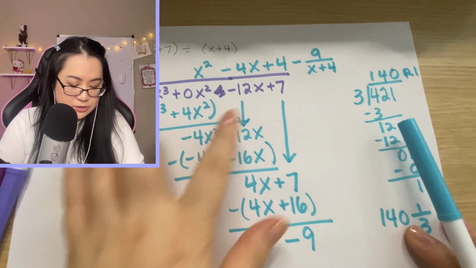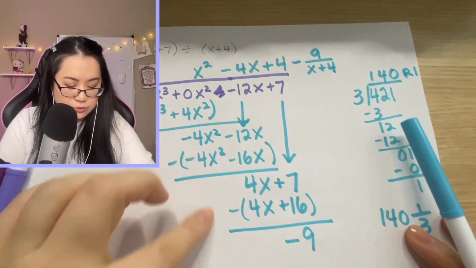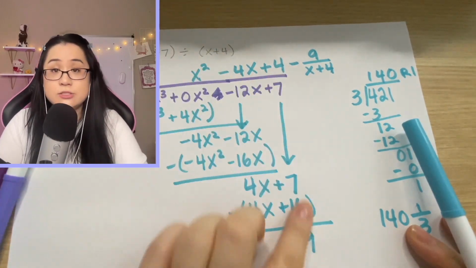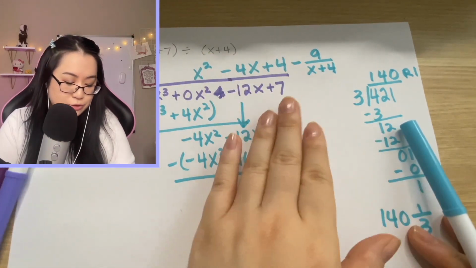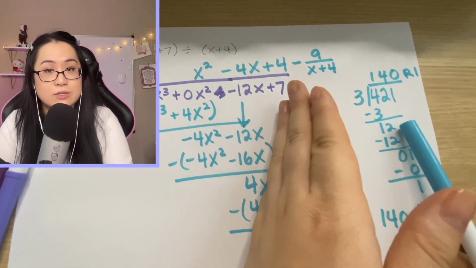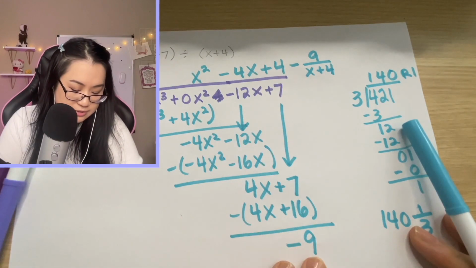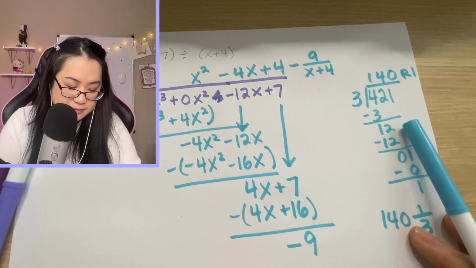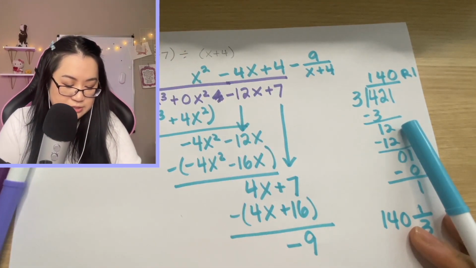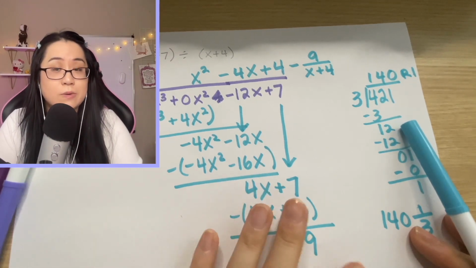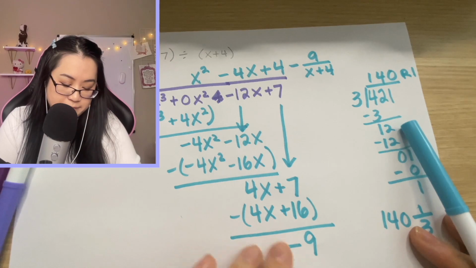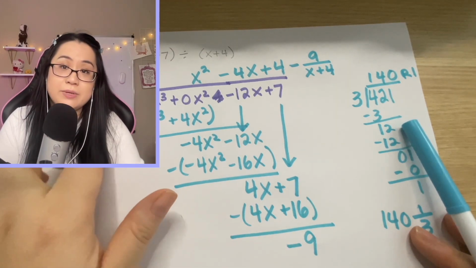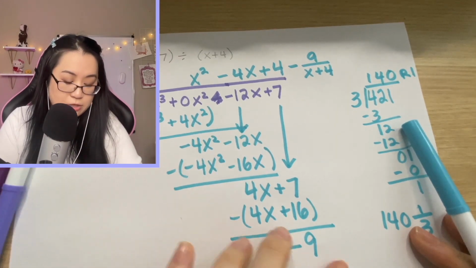As long as you take it all the way down to your constant term, because again, you should be filling in zeros, so you should have at least a placeholder for the constant term. You bring this down, and as long as you take it all the way down, your remainder should always have a lower degree, a lower power than this, because otherwise this would be able to go in more.